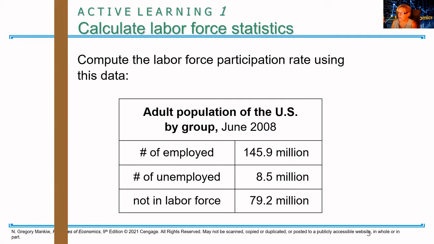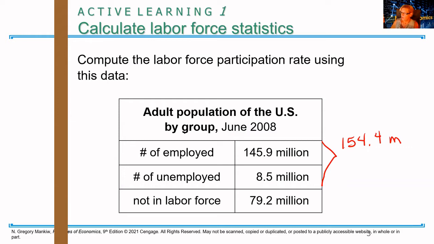Okay, so remember, for the labor force participation rate, we're going to take the number of people employed plus the number of people unemployed to get the labor force. So when we did that, we ended up with 145.9 plus 8.5, and that was 154.4 million.